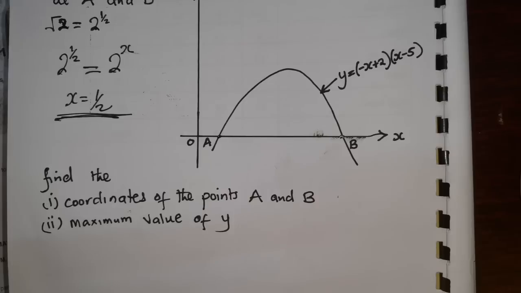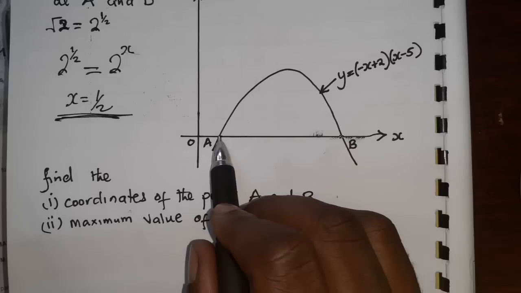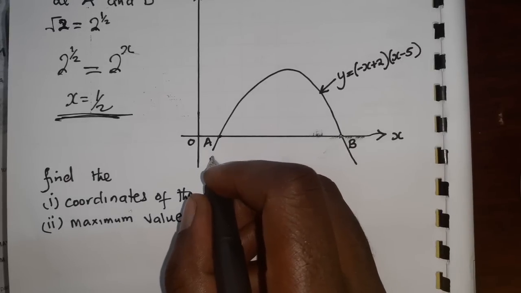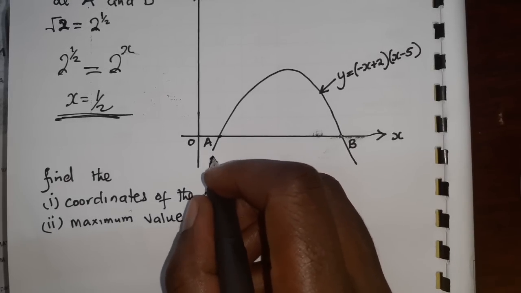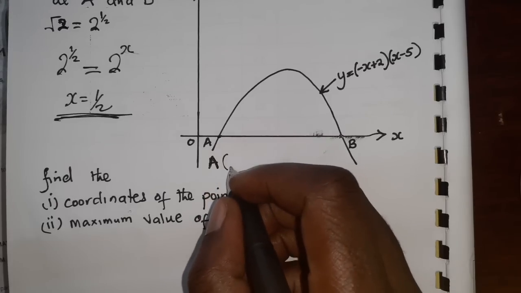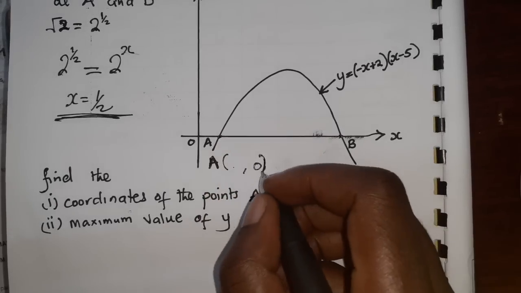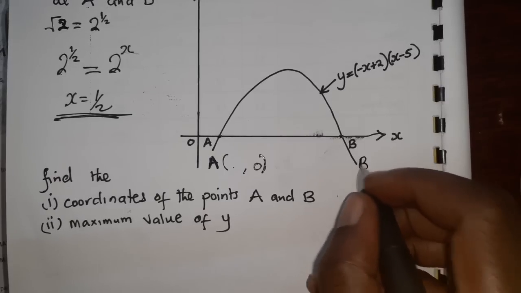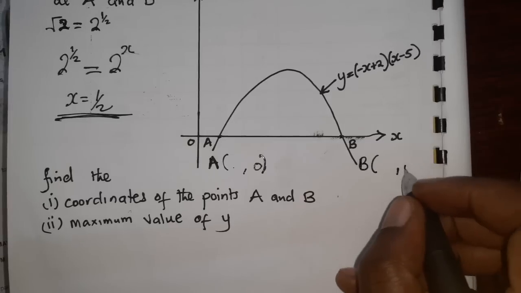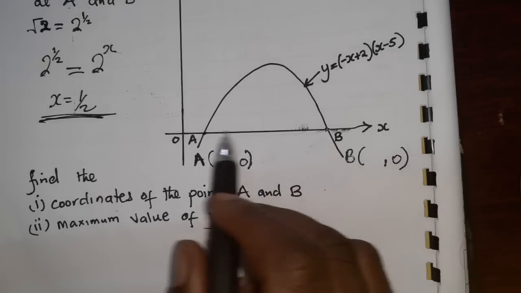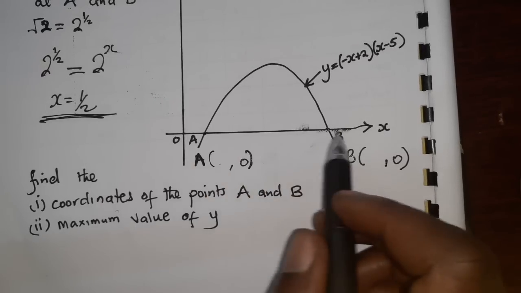Now, one thing that you're supposed to know is that you already know that y is 0 here. So it's like we know the coordinates of A, we have the y coordinate, 0 here. Even on B, we know that we have the y coordinate, 0. So it's like the y coordinate, we already know it because they are on the x-axis.